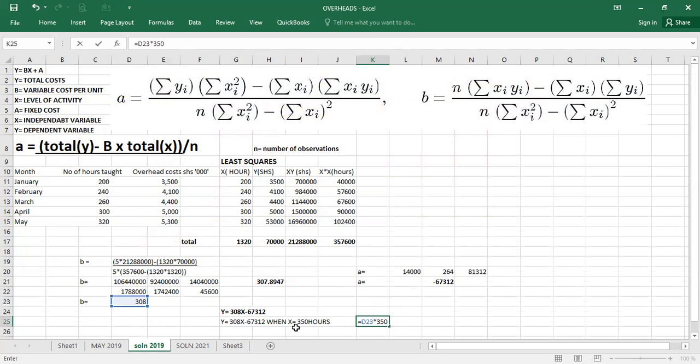Then we subtract the 67312. So the total cost will be 40,488. And that will be our final answer.